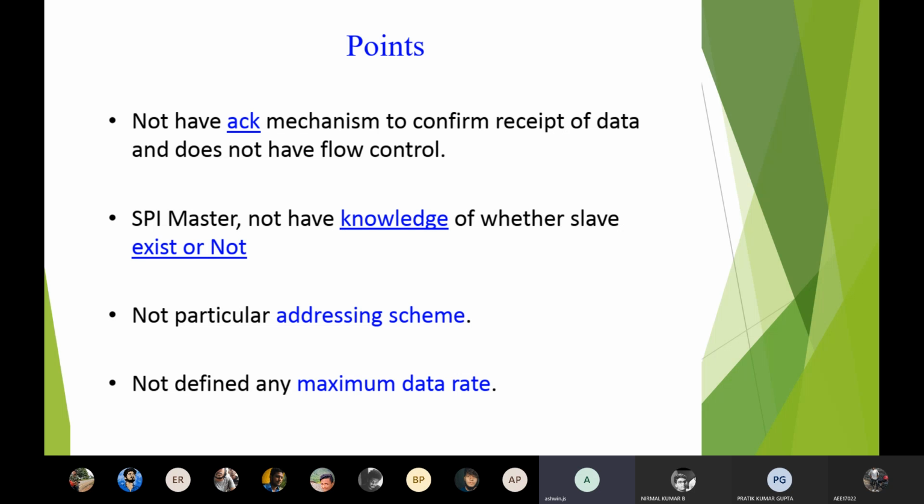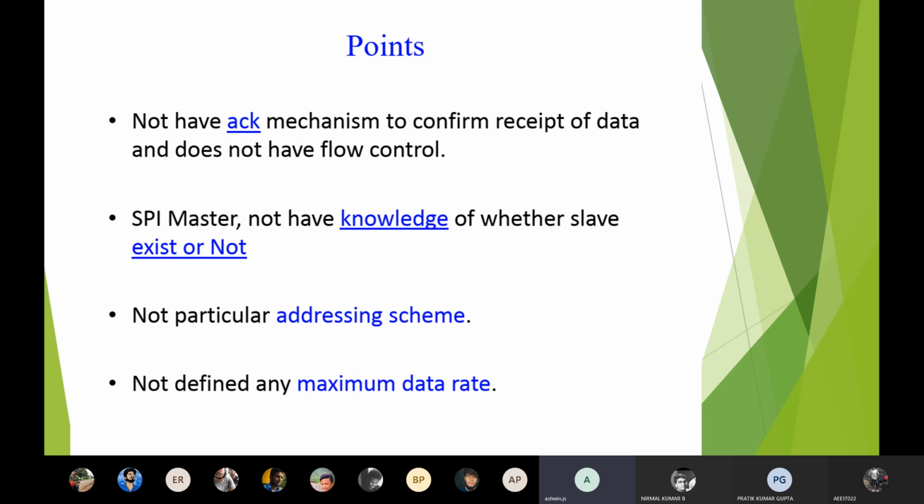Suppose it is transferring 10 megabytes per second, and the receiver can receive the data at 1 megabyte only. So what I will do is make a buffer, a temporary storage. I will make the delay so that I transfer the data one by one. Until then, it is stored in the temporary storage.